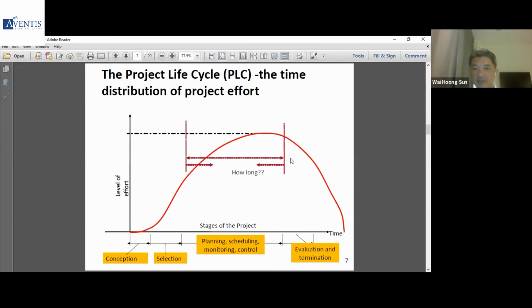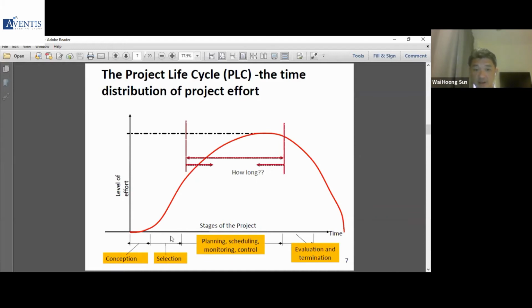So this is a typical, what we call a waterfall project, comprising several phases or several stages. You could see that the first stage is conception, where you conceive the project, what the project is about. What is the scope of the project? What is the purpose of the project?